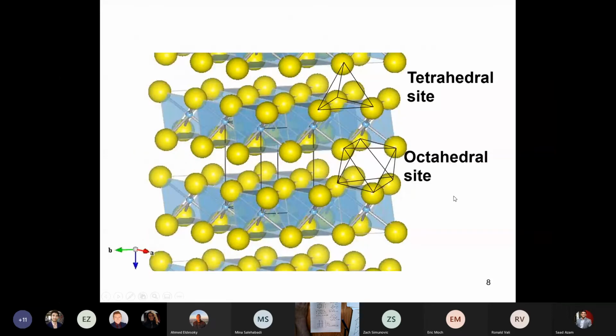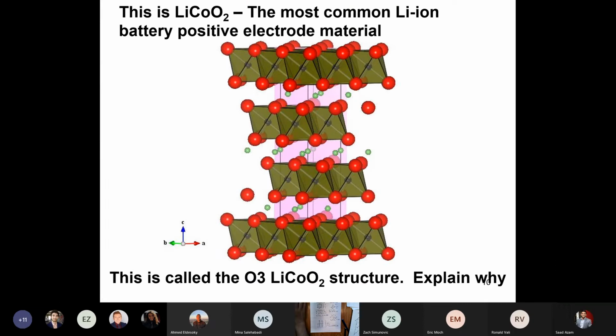And this slide shows you where the octahedral sites are and where the tetrahedral sites are in between the layers where the lithium can go. And this is lithium cobalt oxide, like I mentioned. Okay, so now I want to talk about what the O3 structure is.